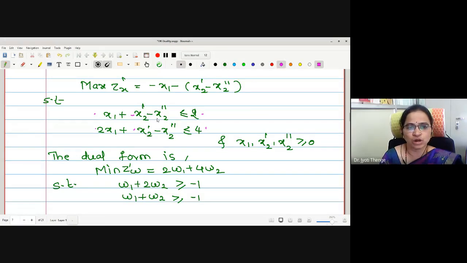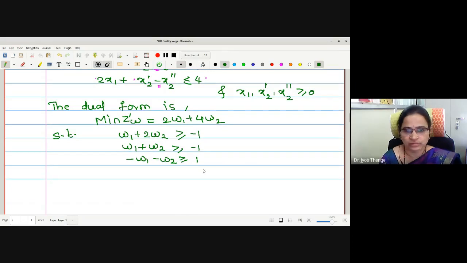Now the last column is minus 1, minus 1, so the row is minus W1 minus W2 greater than or equal to plus 1.